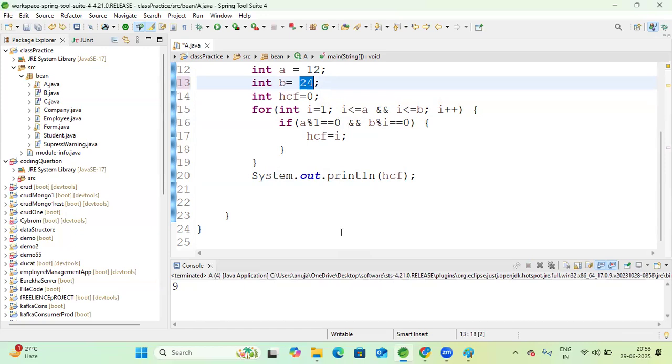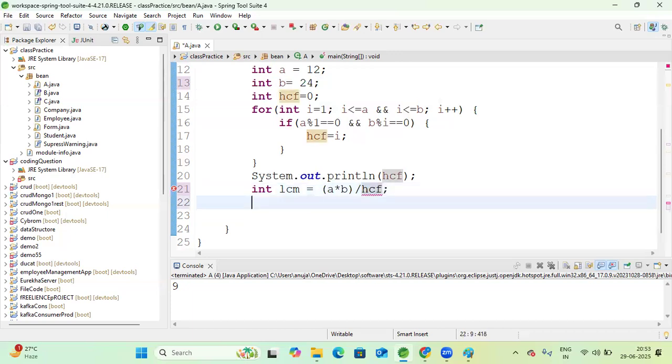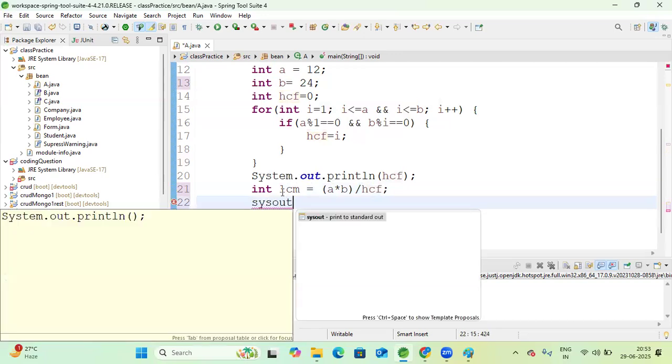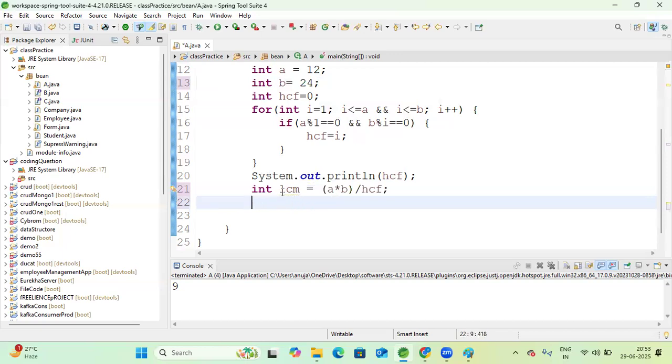There is a formula: LCM into HCF equal to A into B, so LCM equal to A into B divided by HCF.